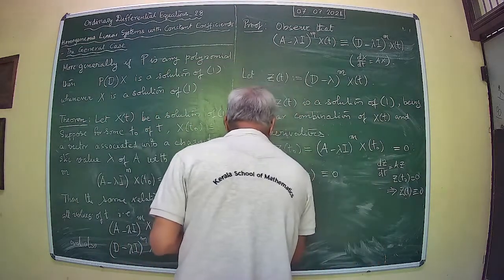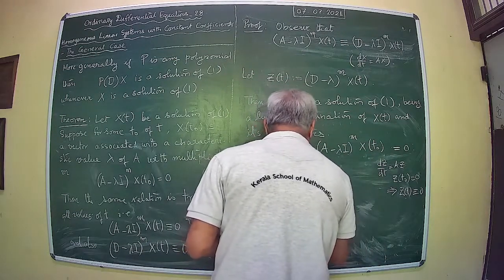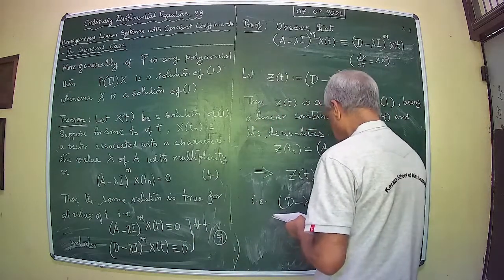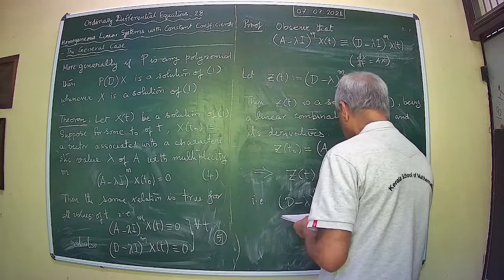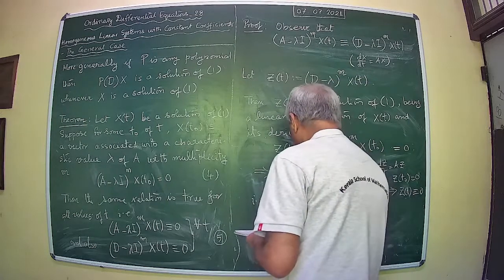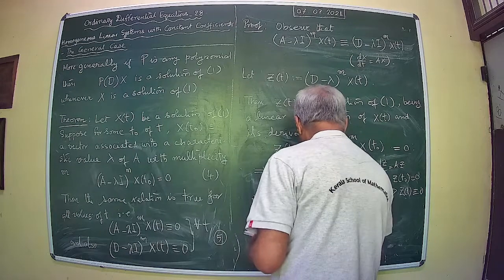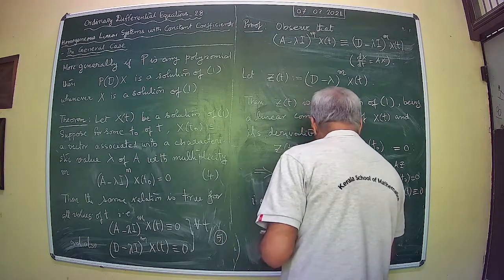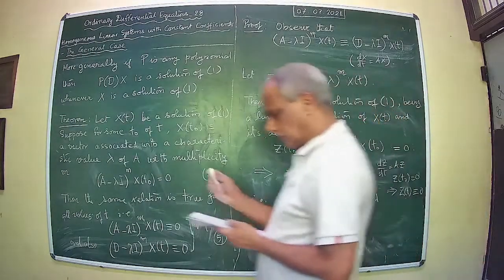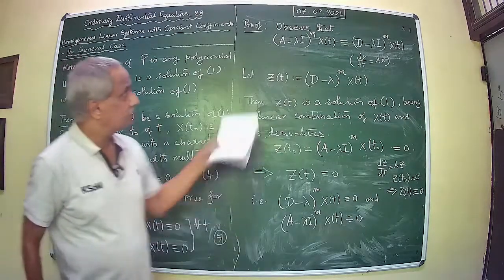That is, we have these two relations, (D minus lambda I) to the power m x(t) equal to 0 and (A minus lambda I) to the power m x(t naught) equal to 0. This is what we have proved.